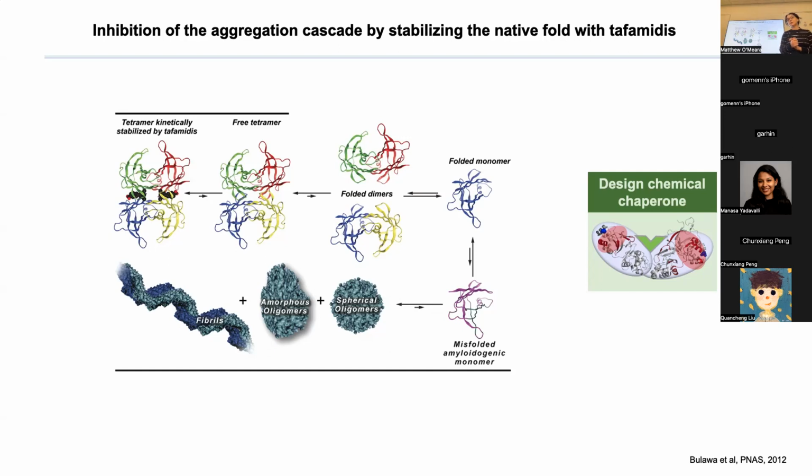So there's a conversion from the native structure of any of the proteins. It can be transthyretin, amyloid beta, or any of these proteins. They have to have a conversion into the beta sheet, and I'm going to show a little bit of that coming up.